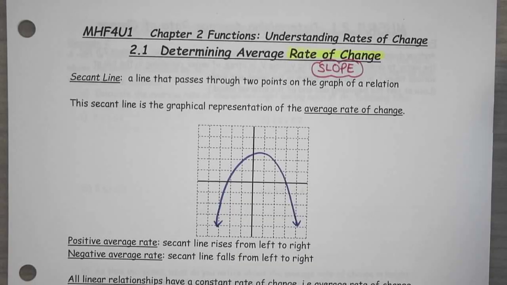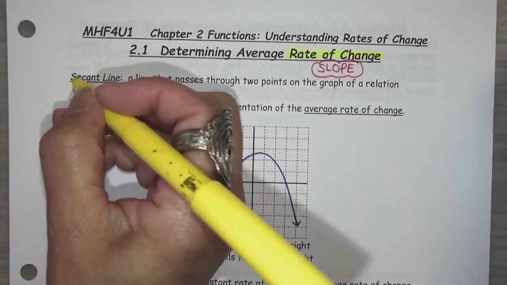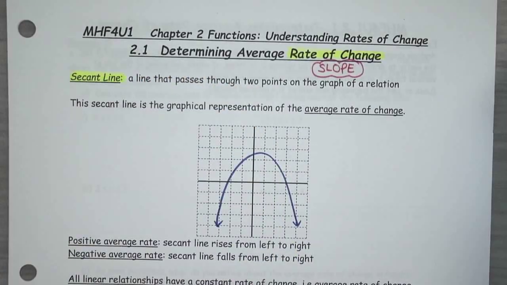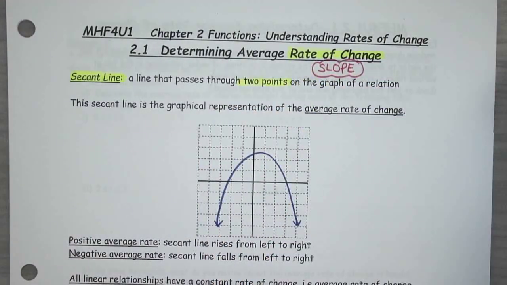Today we're looking at the idea of a secant line. Today's kind of a lot of little definitions, reminding you of a little bit of grade 9 and 10 material, so bringing that stuff back. A secant line is a line that passes through 2 points on the graph of a function. A secant line is the graphical representation of the average rate of change.